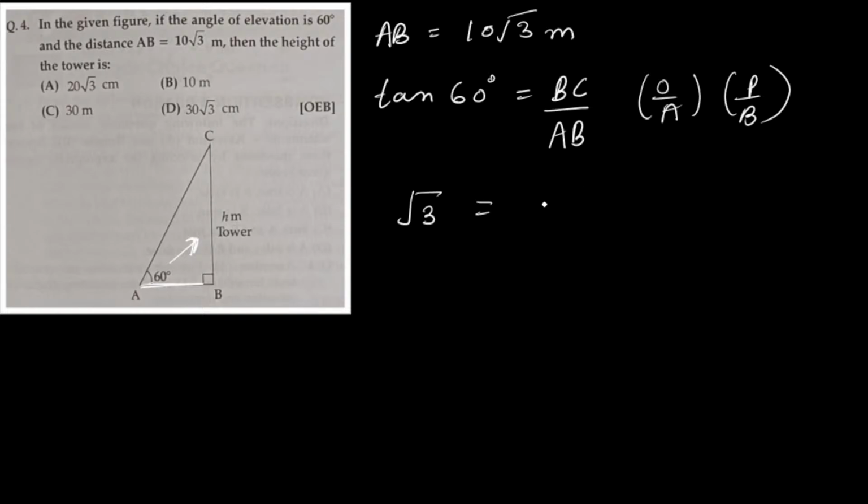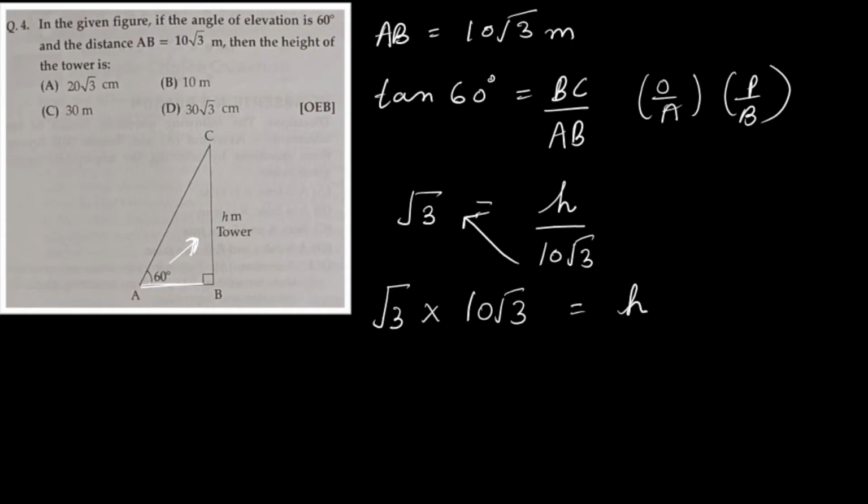BC's value we have to find. With H it's written, AB is equal to 10 root 3. Now we have to find the value of BC, which I have written as H. So that means 10 root 3 will shift to the other side. The unknown variable we keep on the same side, other things will shift. Here this is getting divided, so when I shift it to the other side, it will get multiplied.